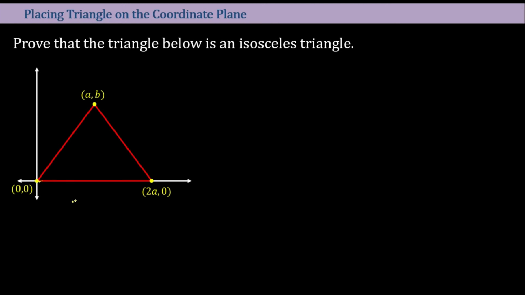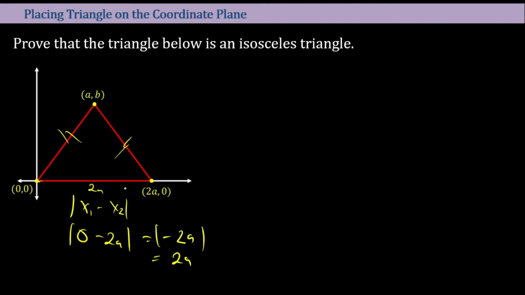We'll just be using the absolute value of x sub 1 minus x sub 2. So our x sub 1 is 0, minus 2a, and that is equal to negative 2a, and the absolute value of negative 2a is 2a. So this is 2a. Now we need to know the measurement of these two sides, and if they are equal, then this is an isosceles triangle.